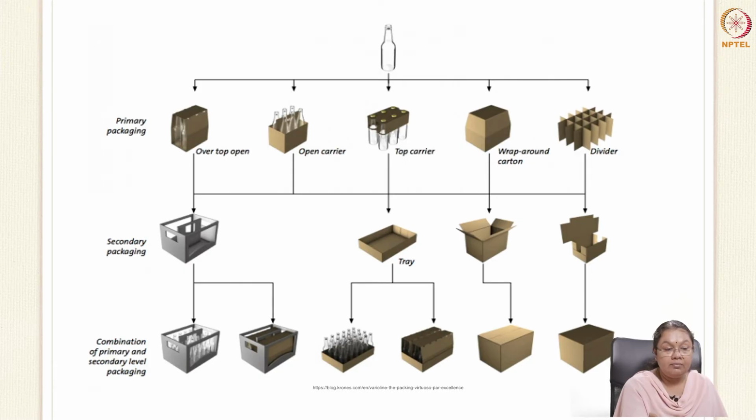But the primary package, or the main object which needs protection, is the bottle. So the primary packaging, in this case, can be over top opened, open carrier, top carrier, wraparound carton, divider carton, and accordingly we have secondary packages like trays and other things. And we can also have combinations of primary and secondary packagings.